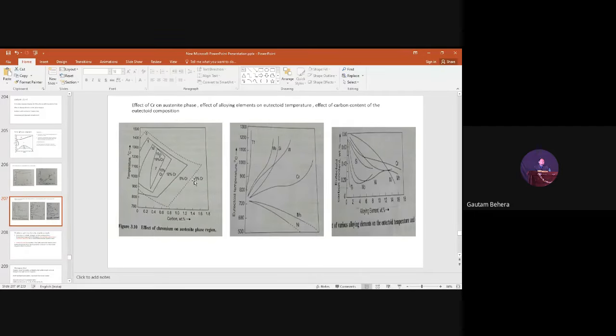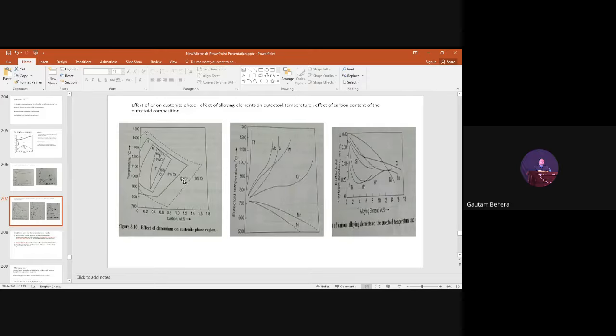So now you can see what will happen if we add chromium into this iron carbon phase diagram, or what will happen when we add chromium into this steel. What will happen to the austenite phase? Initially this dotted part is showing 0% chromium. Now you can see this part from here to here. This is 5% chromium. So when chromium is 0, the gamma region is bigger, this one.